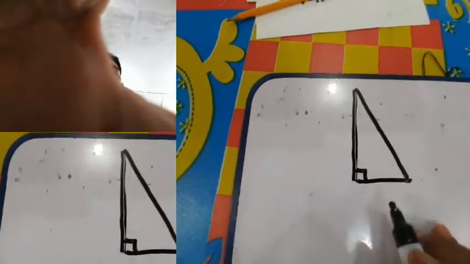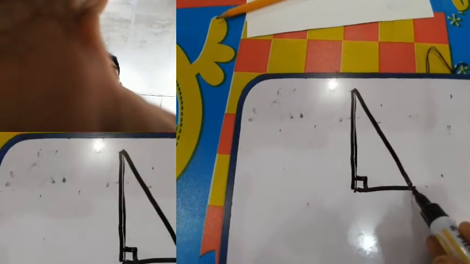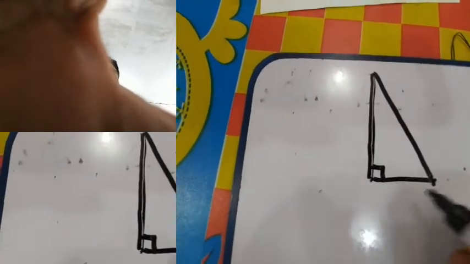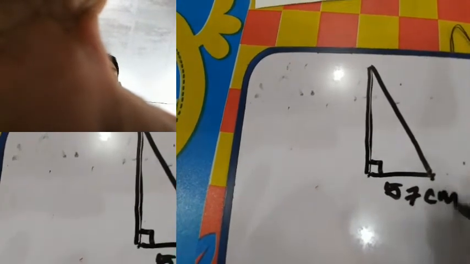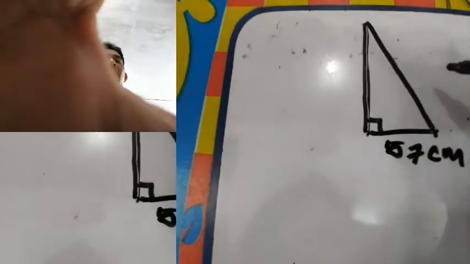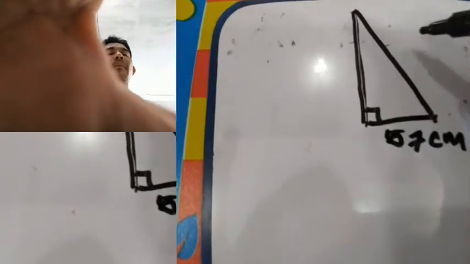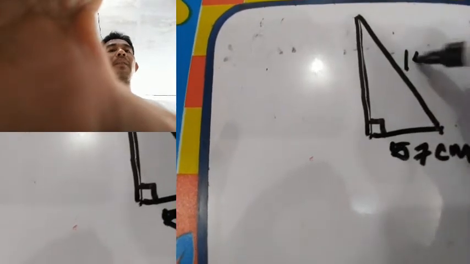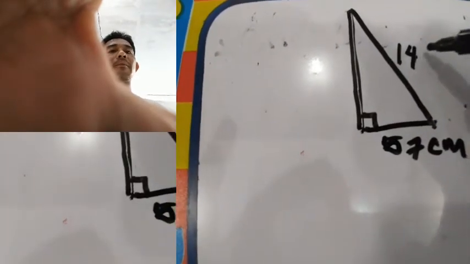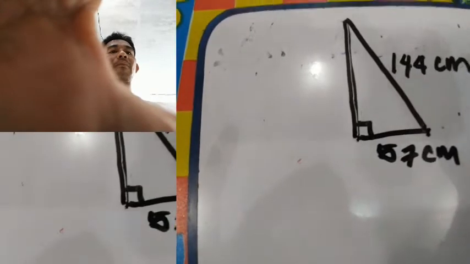By measuring a while ago, we know that the distance from the wall to the tip of the round bar is 57 centimeters. And then also the length of the round bar is 144 centimeters.